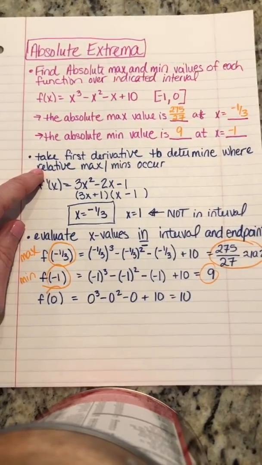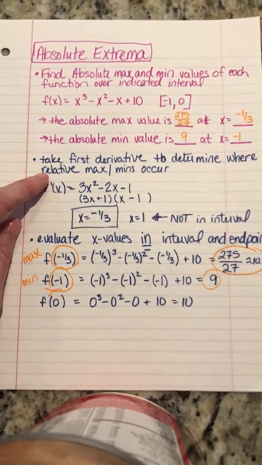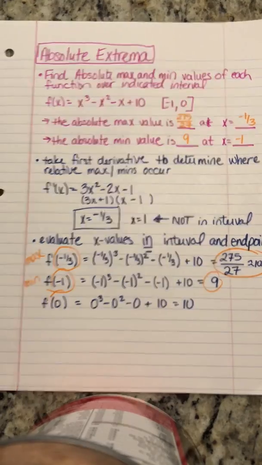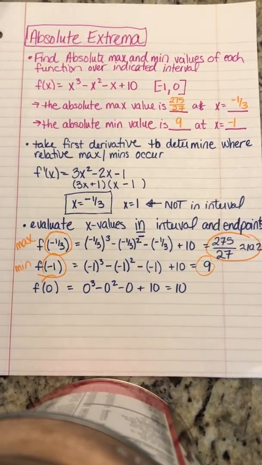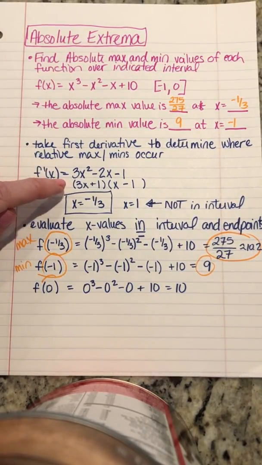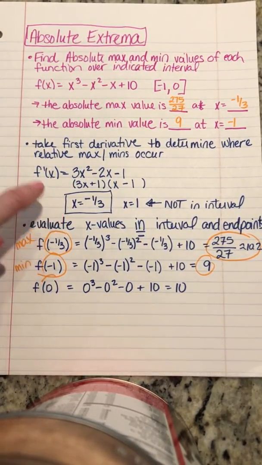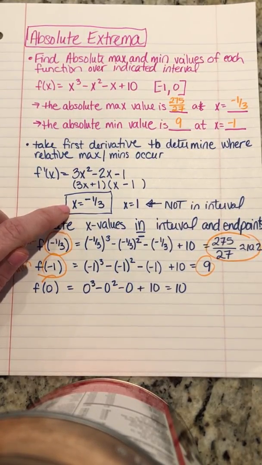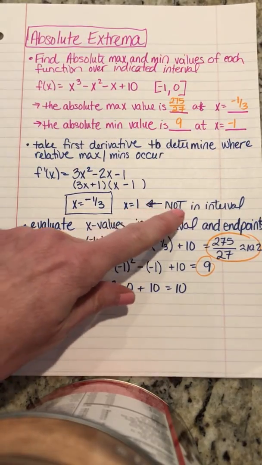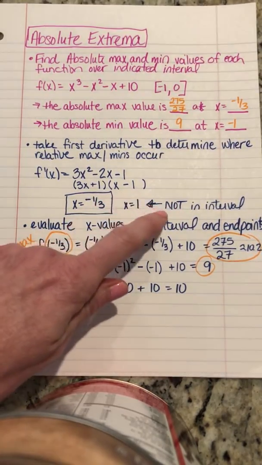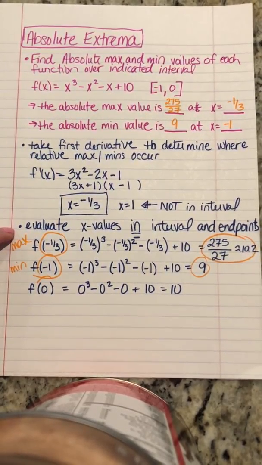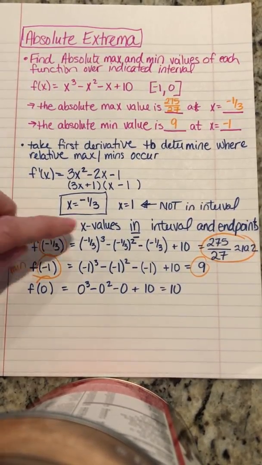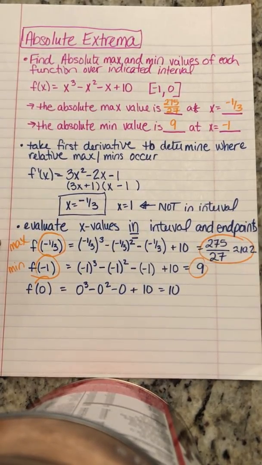So what I did was I took the derivative to find where the relative max and mins occur. It's where my derivative is 0. So I took my derivative, I factored, and the points where my derivative equals 0 are at negative 1/3 and at 1. The 1 isn't in the interval, so I don't even bother with it after this point. Then I make sure I evaluate the x values in the interval and my endpoints.